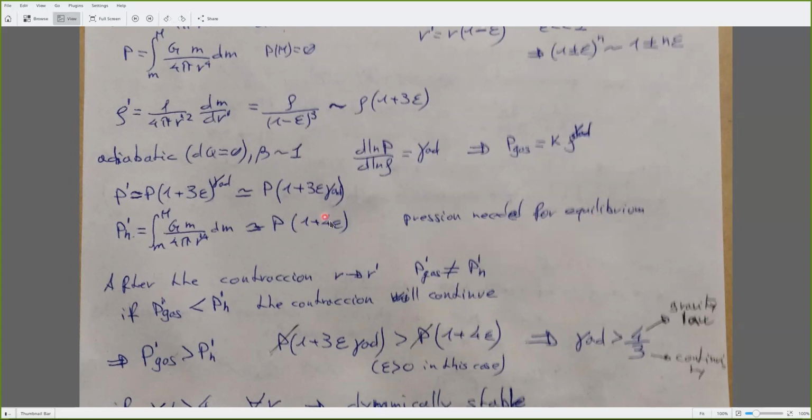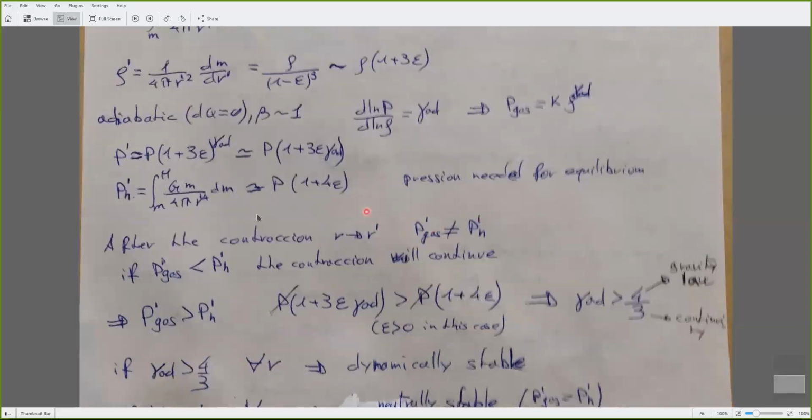They are different, because this one depends just on the initial pressure and the position, while the pressure of the gas depends obviously on the adiabatic coefficient, on its equation of state. Changing the equation of state changes how the pressure varies. That means that after the contraction, the two pressures are no longer equal.